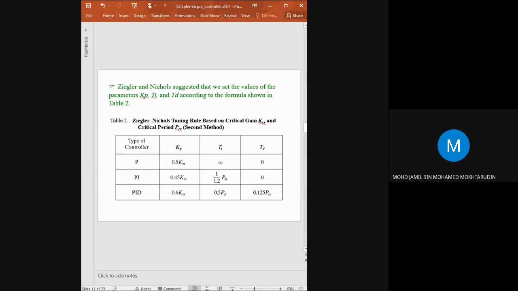Okay, so for the second method, the table is different from the first method. Okay, so you obtain your KCR and also determine the PCR. Okay, after you determine KCR and PCR, you calculate Kp equals 0.6 KCR, Ti equals 0.5 times PCR, and Td equals 0.125 times PCR. So you get the gains for PID.